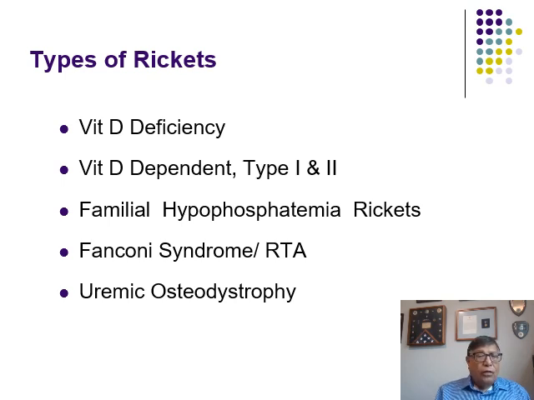And familial hypophosphatemic rickets, which is usually X-linked. We'll talk a little bit about that, just what you need to know for the purpose of your exam. Hypophosphatemic rickets is probably in this country more common than vitamin D deficiency rickets.